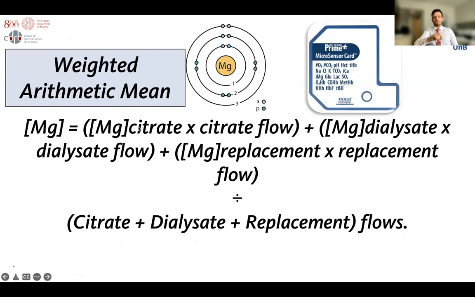Again, to estimate the concentration of magnesium that the patient will be exposed to during the treatment, and now I'm referring to total magnesium, we look at the concentration of magnesium in each of the solutions: in the citrate solution, in the dialysate solution, and also in the post-filter replacement solution.